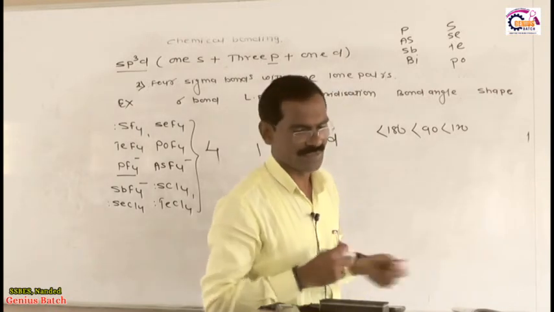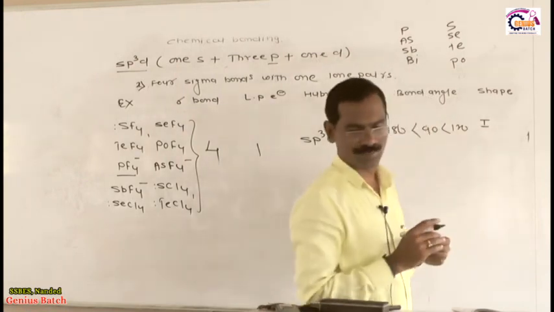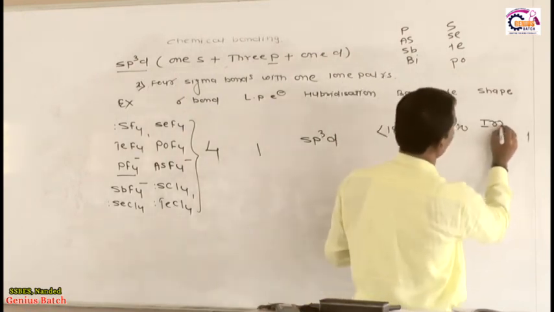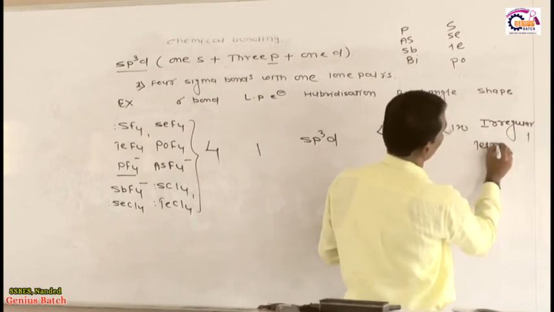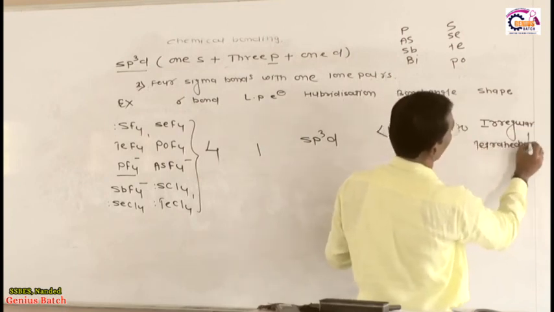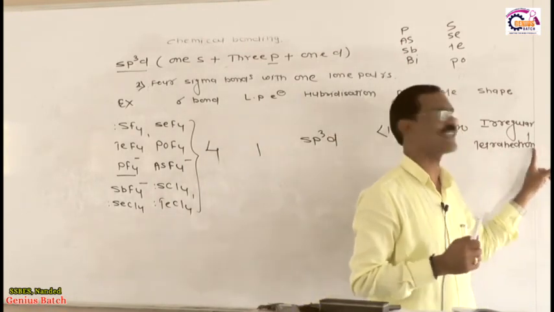These are the bond angles. And finally the geometry or shape of this molecule is irregular tetrahedron. Keep in your mind, the shape of this molecule is irregular tetrahedron.